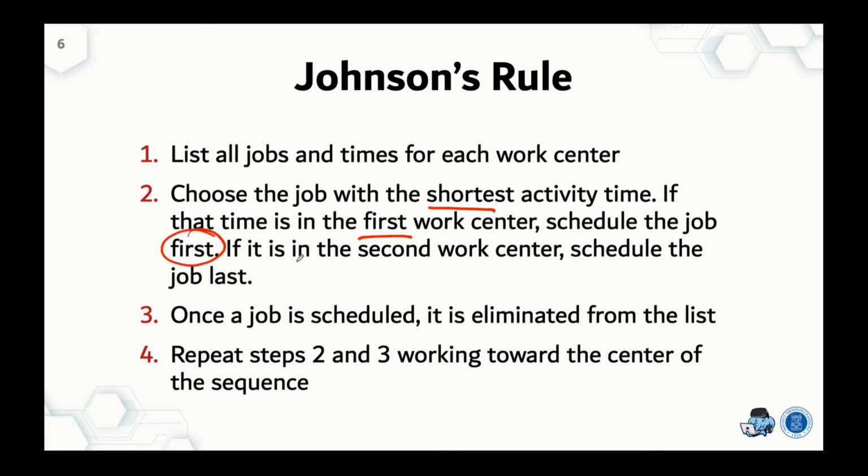If the time is in the second work center, schedule the job last. Third, when the job is scheduled, it is eliminated from the list. We should eliminate the job that is already scheduled. Then we repeat steps 2 and 3, working toward the center of the sequence.